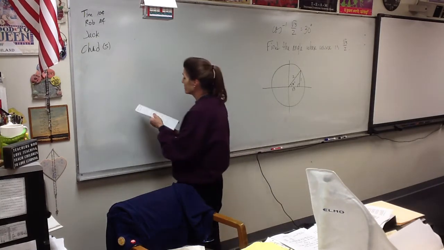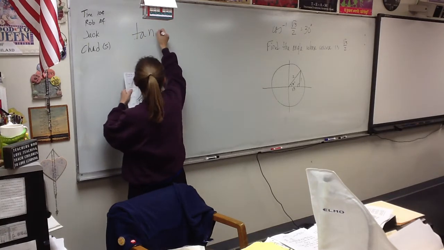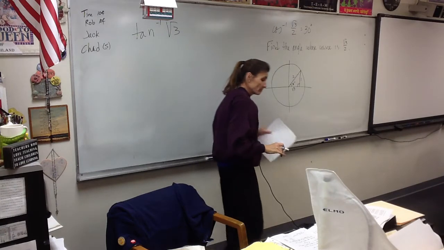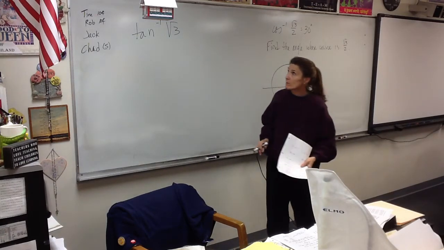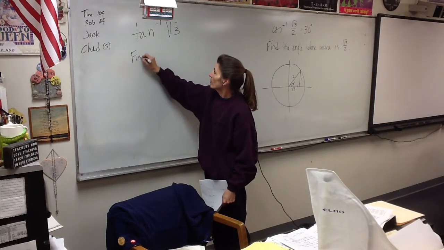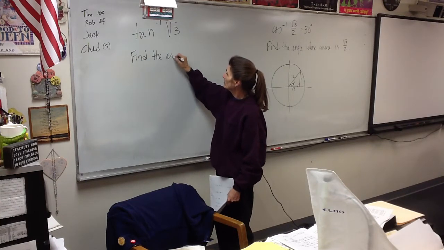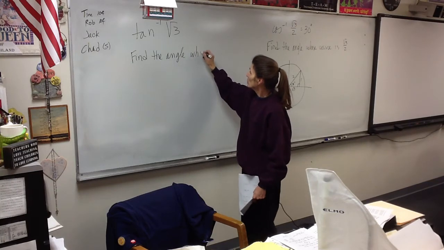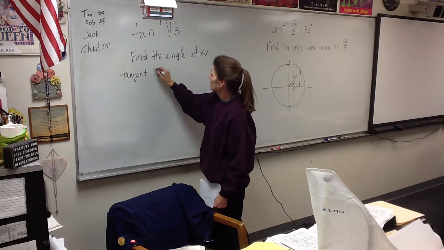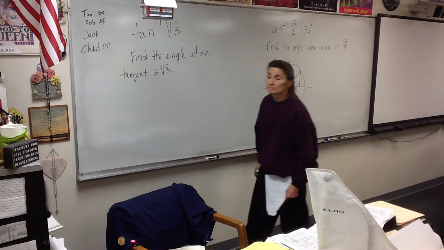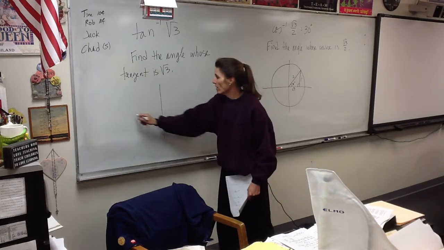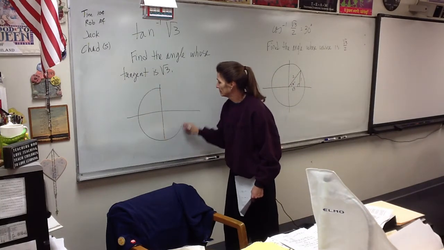Okay, let's try the next one. All right, I'm going to write it one more time, and then I'm going to stop writing out what it says. This question says, find the angle whose tangent is √3. It's a positive number. You are going to draw it in quadrant 1.